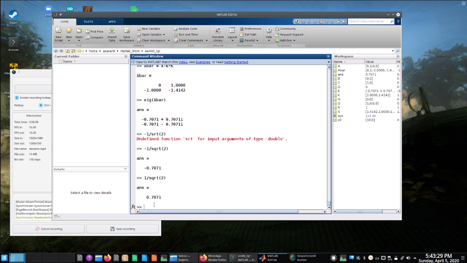Okay, so that means the LQR function of Matlab actually gave us exactly the same results as our hand calculated example.